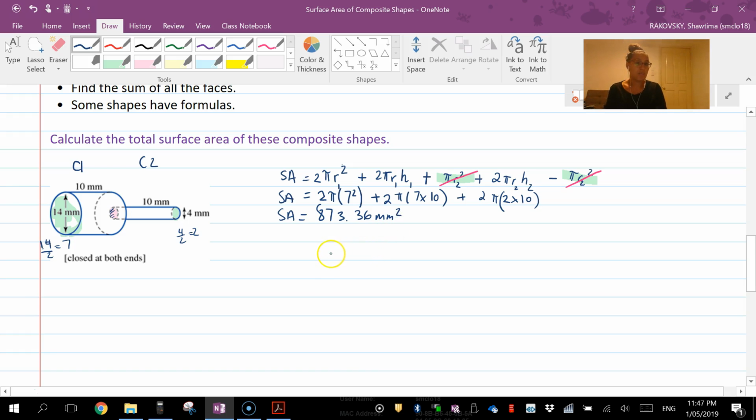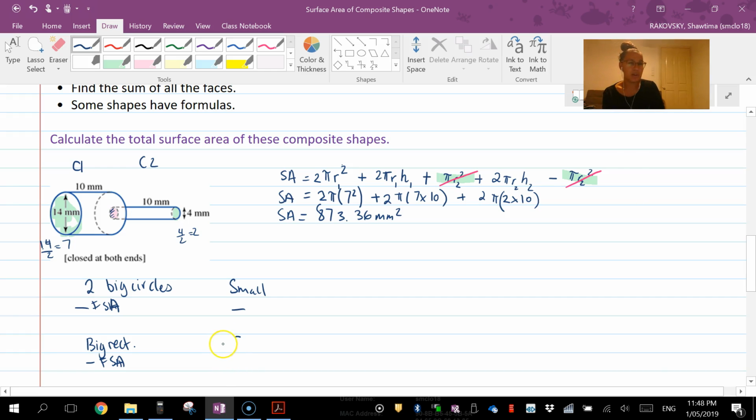Now, some of you might prefer to break it down into each component. So you'd do the two big circles, then the curved surface area of the big rectangle, then the curved surface area of the small one, and so forth, and you won't actually do your small circle.